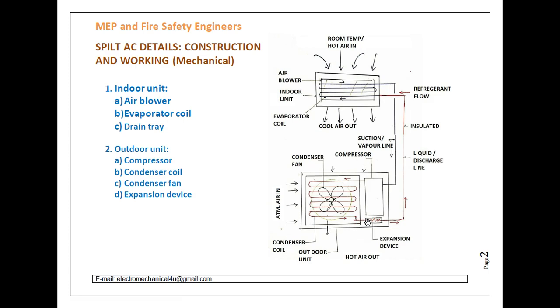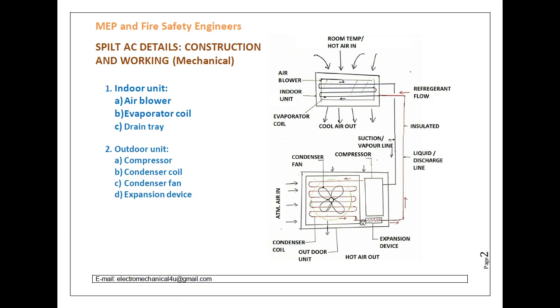Now when it enters the expansion device, the refrigerant has a property that after expanding, it reduces the pressure as well as the temperature. After the expansion device, you will get reduced temperature and reduced pressure refrigerant, in liquid form.